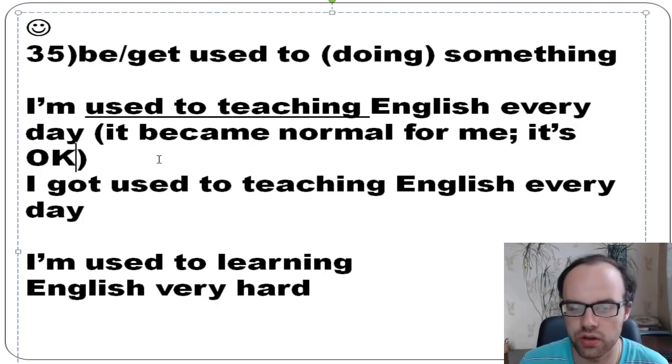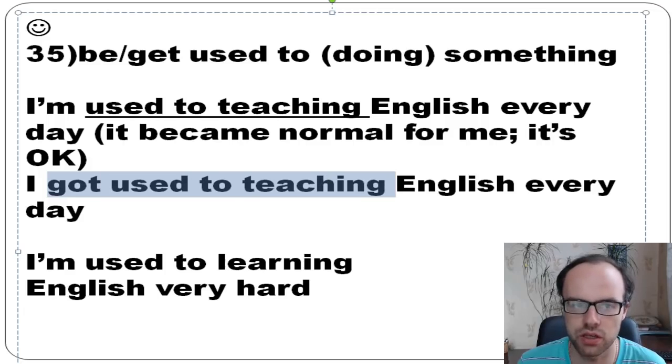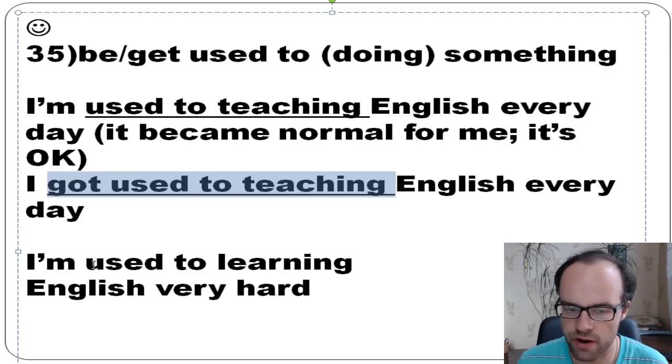Or I can also say it with "get used to." I got used to teaching English every day. So it became normal for me. You can say "I'm used to doing something" or "get used to doing something." For example, you can say I'm used to learning English very hard.